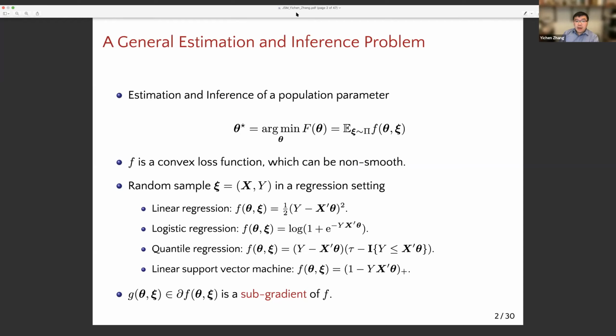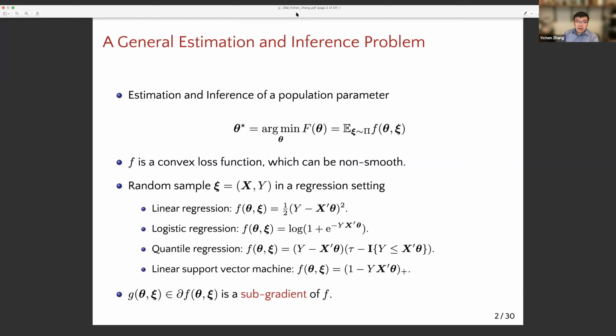The random sample could be a set of independent variables x and a dependent variable y in a regression setting.